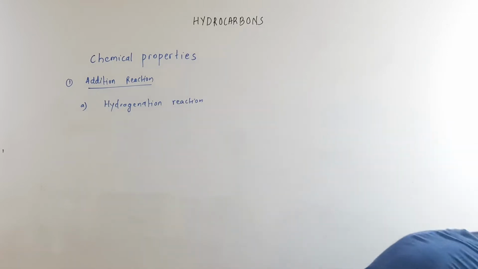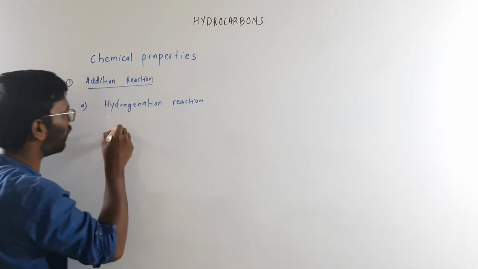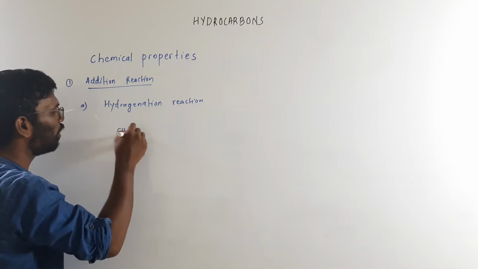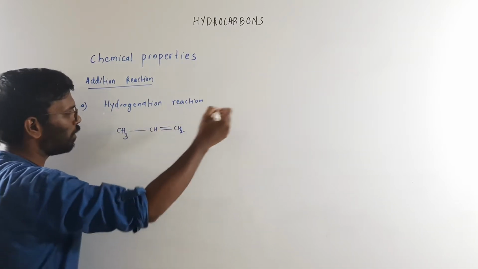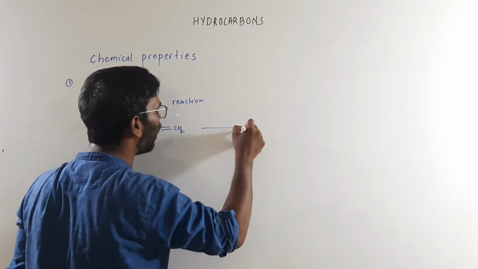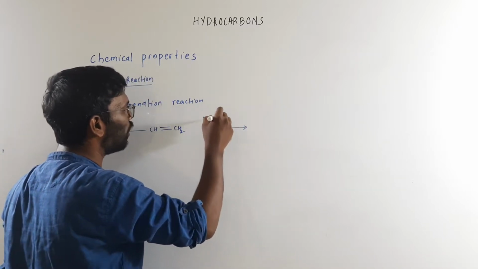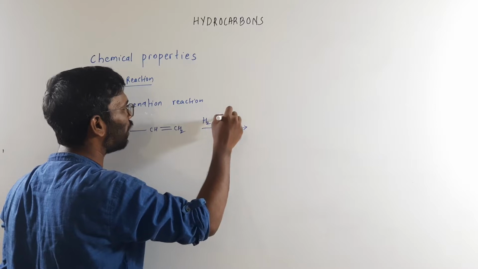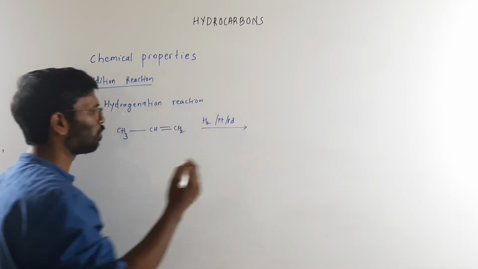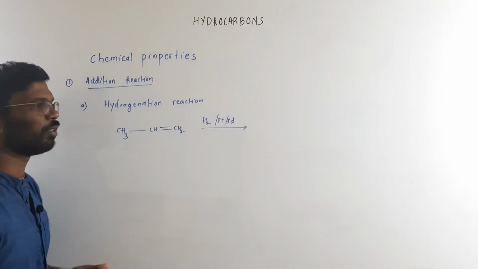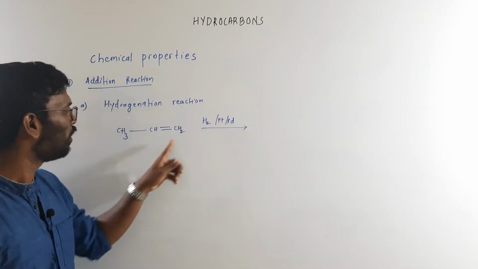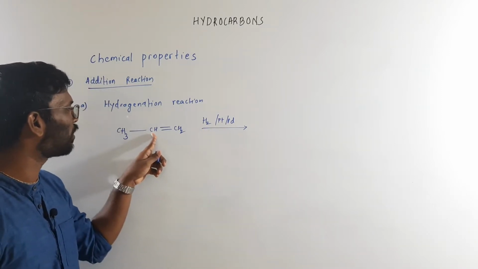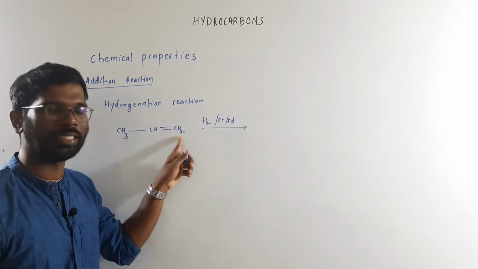Let's say this simplest alkene, CH3, CH2, CH, CH2, and we are doing the hydrogenation, adding hydrogen in the presence of platinum or palladium. This hydrogen could be shown on the arrow as well, it is one and the same. So one hydrogen is going to add on this carbon and another on this carbon.